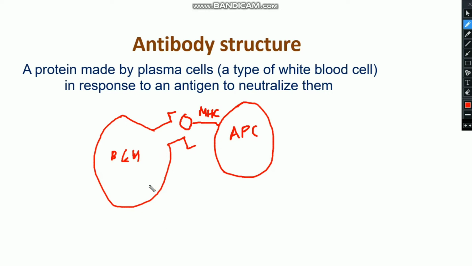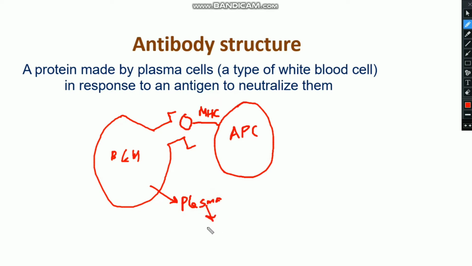Alright, and then with other co-stimulatory pathways, the B cells get activated, and a couple of B cells transform into plasma cells. Plasma cells are the same kind of B cells, but with some structural modification. These plasma cells are able to generate a special kind of antibody against a specific kind of antigen.